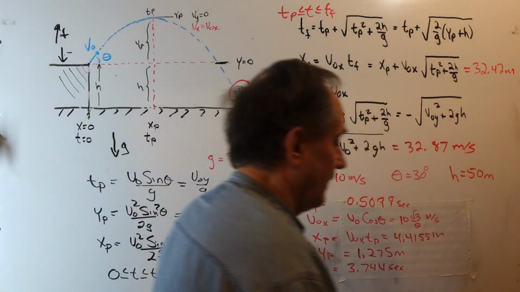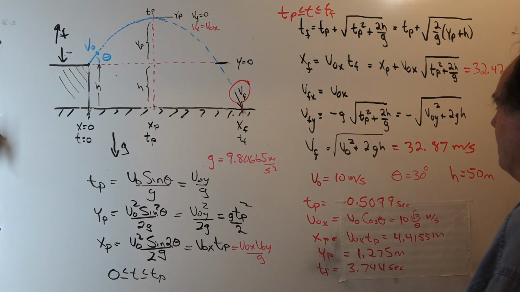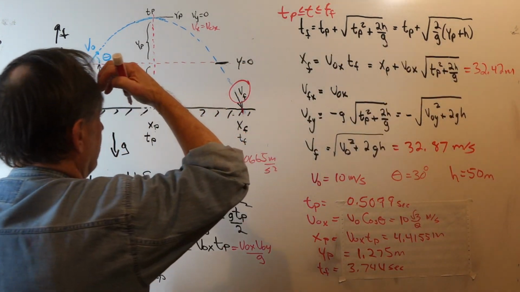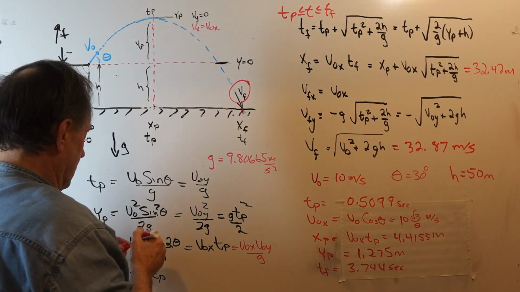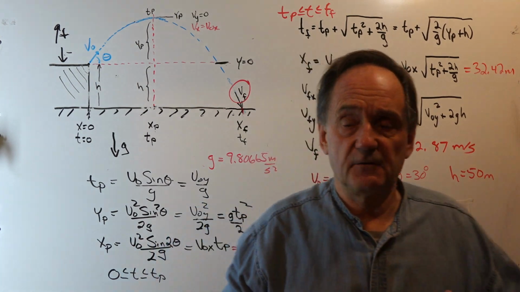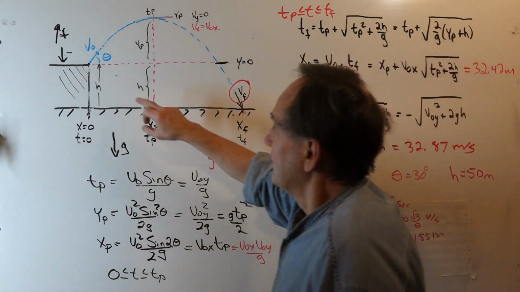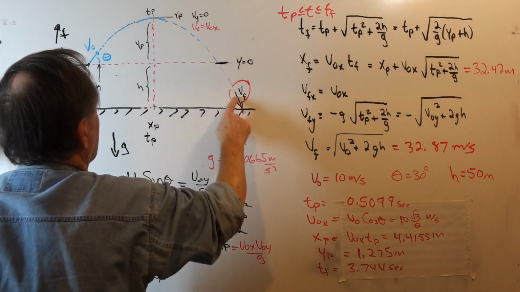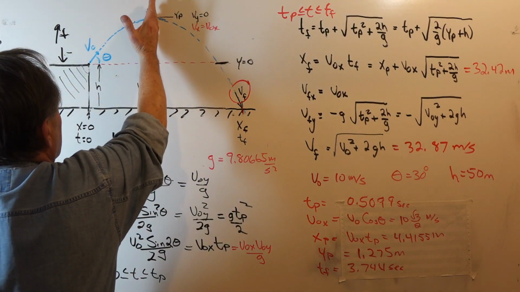So that's our ballistics problem. There's all the values from the derivation, and also note that in any ballistic flight, any free flight, the path of the trajectory is always parabolic, and it's symmetric about the peak.